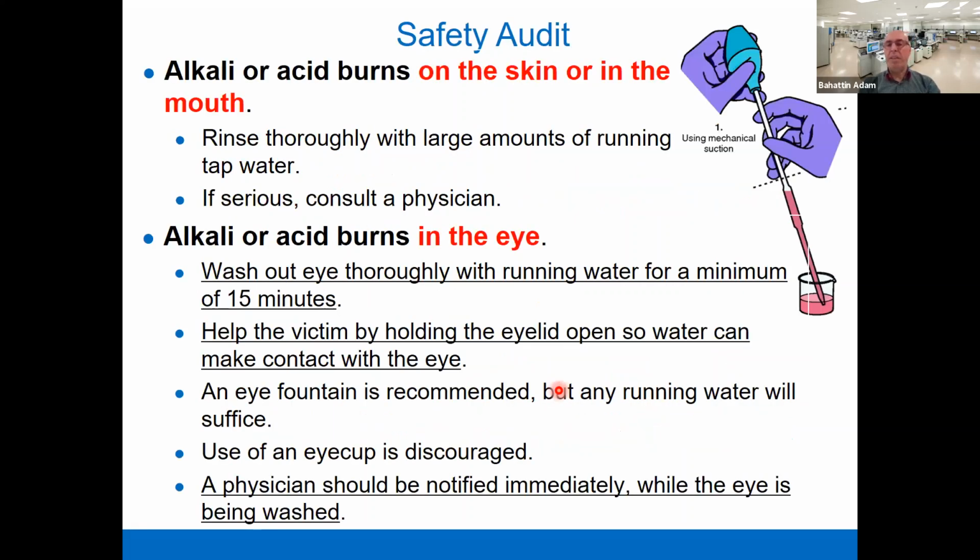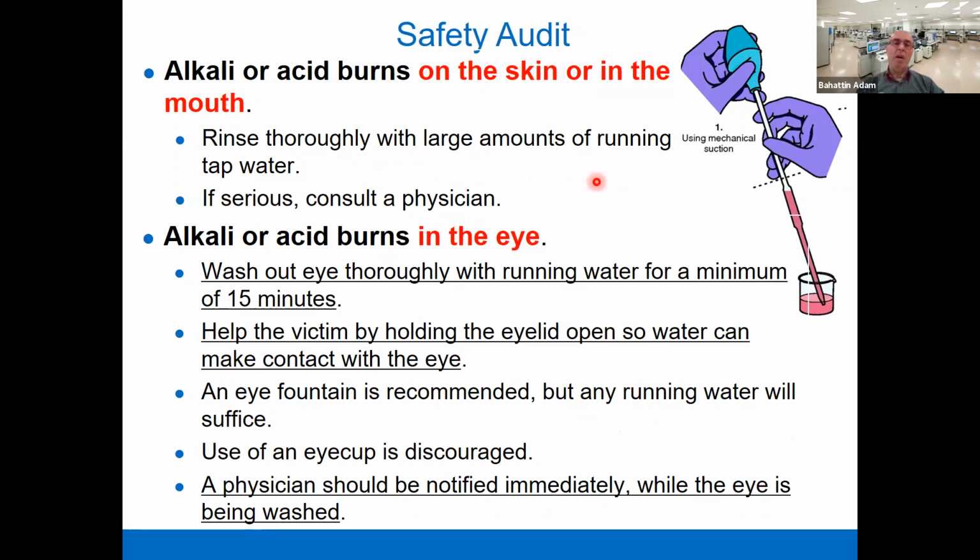Okay, now here are some examples. What happens if alkali or acid burns on the skin or in the mouth? Okay, the first thing that we should do is rinse thoroughly with a large amount of running tap water. If serious, consult a physician.